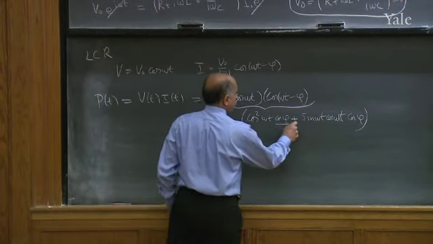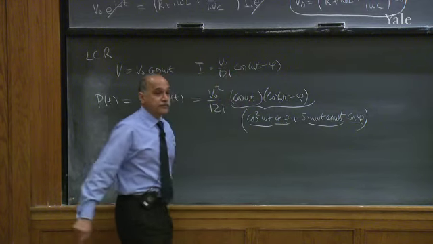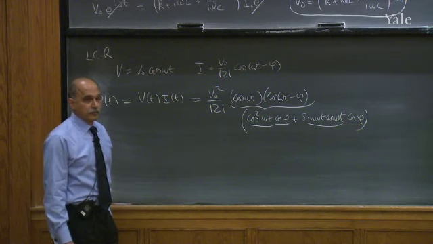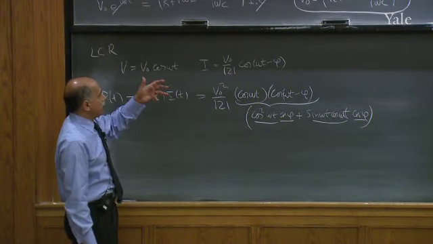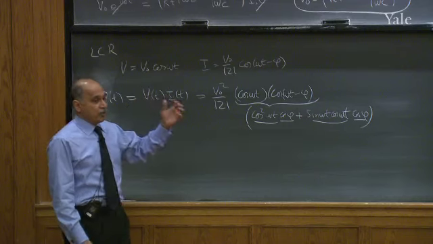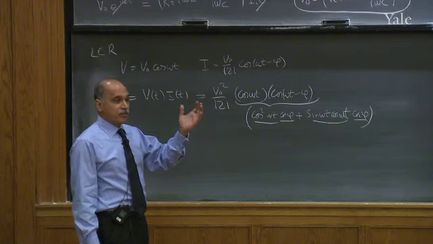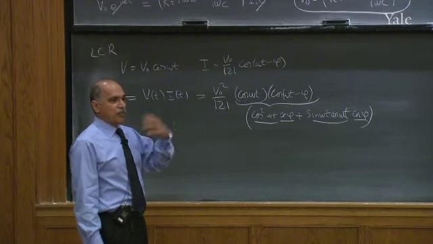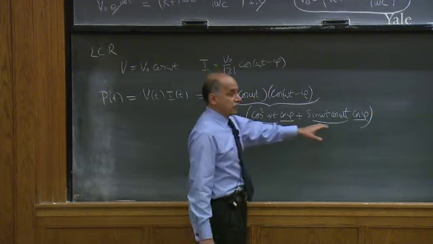Cos phi and sine phi are some constants, but these are functions of time, and they're all oscillating. The reason they're oscillating is that when you drive a current in these circuits, sometimes the L and C are drawing energy from the source, sometimes they're giving it back. So it's not monotonic, it's not always drawing energy, sometimes it's taking it, sometimes it's giving it back. That's all the oscillatory terms.